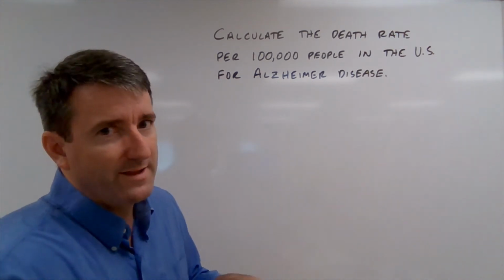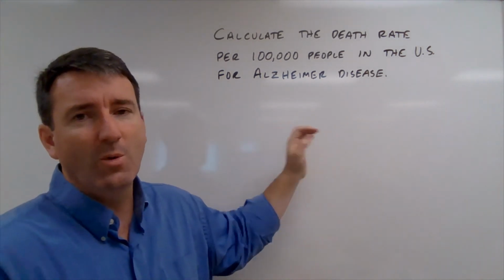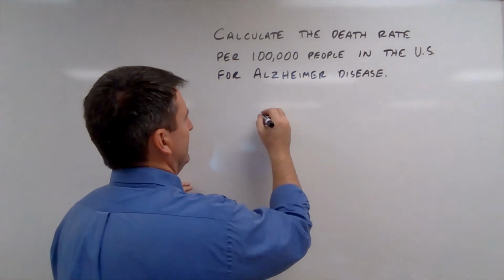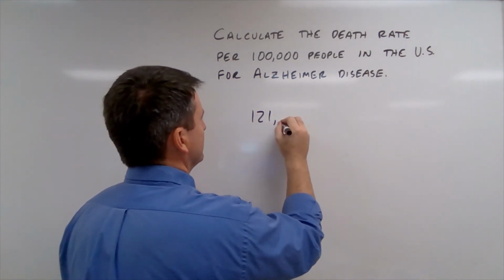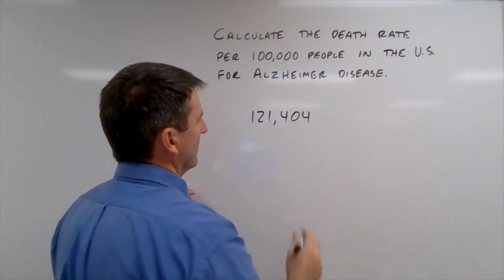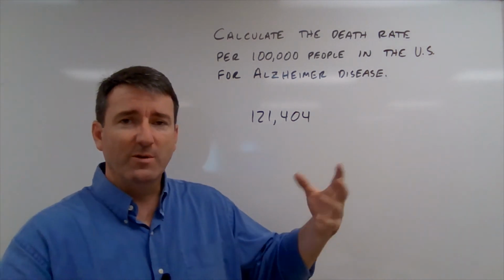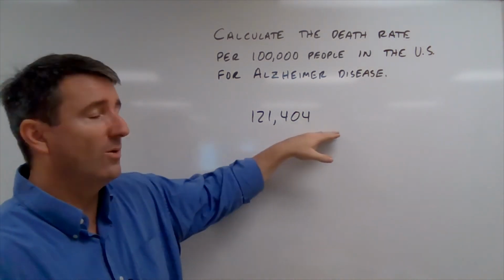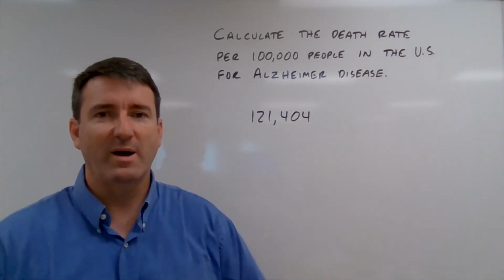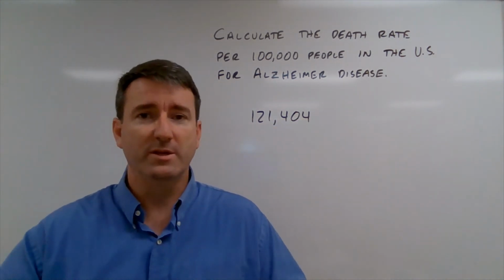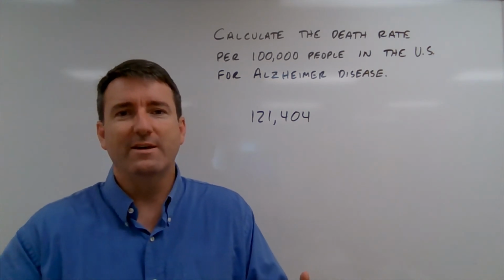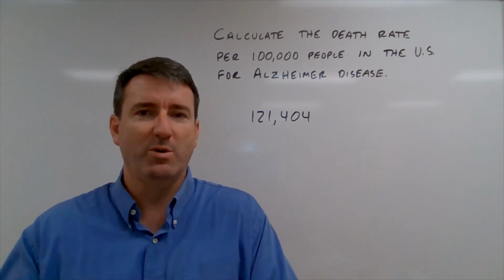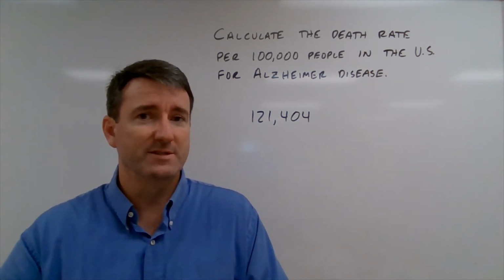So first we're going to look on that table and see that the total number of deaths from Alzheimer's disease in 2017 was 121,404. Now, if we were calculating a relative frequency probability, we would just take this total number of deaths and divide it by the total number of people in the United States. And that would give us the relative frequency probability of any individual person dying of Alzheimer's disease.